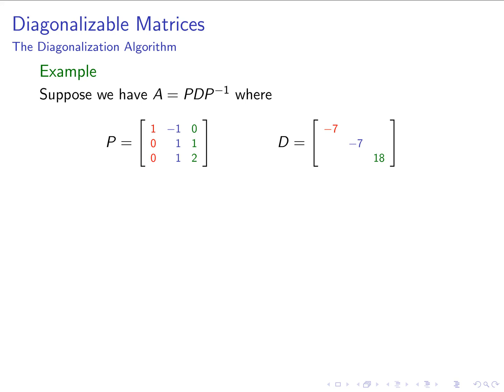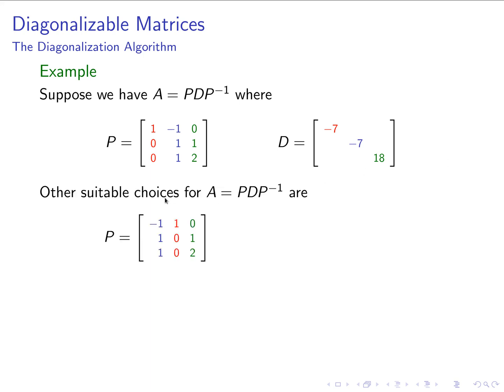Now, one thing I'd like to point out is that the ordering of the columns in P and the diagonal entries of D are not mandated. So we just previously found that we could order the columns of P as this red column, this blue column, and this green column. And then the corresponding eigenvalues in D would be this red -7, this blue -7, and this green 18.